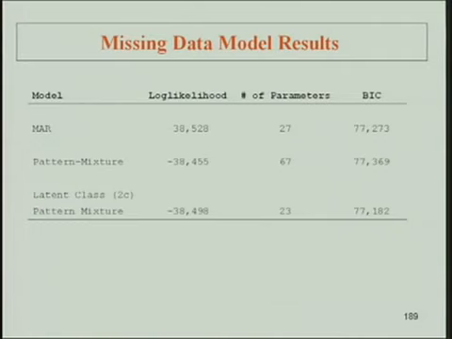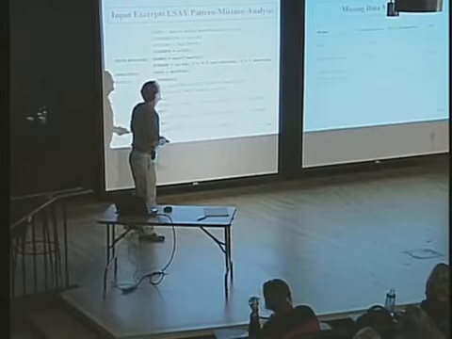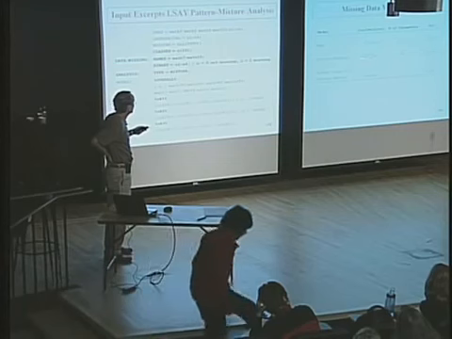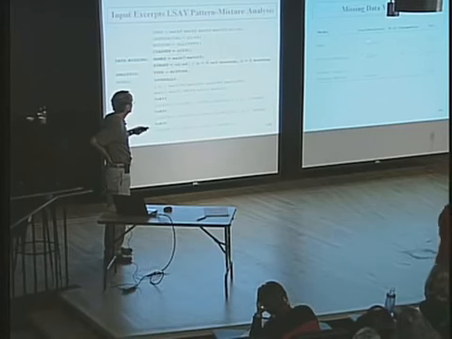But you get that improved likelihood at the expense of 40 more parameters, 67 versus 27. So you throw in a lot more parameters because you have a growth factor mean for each of these different missing data patterns, and you probably don't need that. Therefore, although the likelihood is better for pattern mixture than MAR, the BIC is worse.